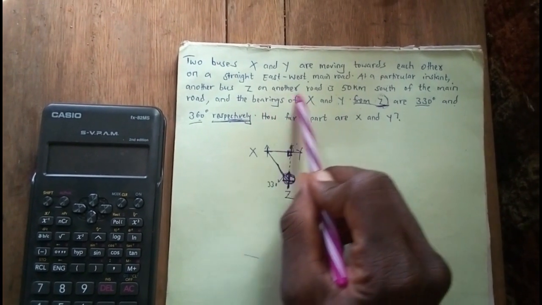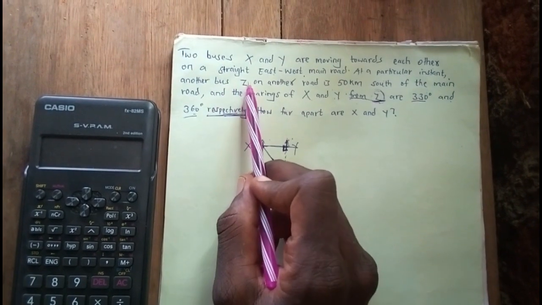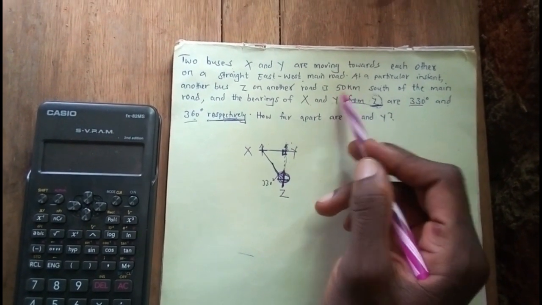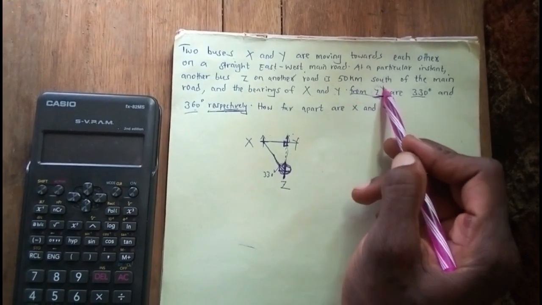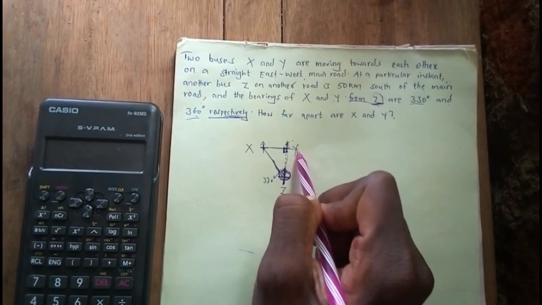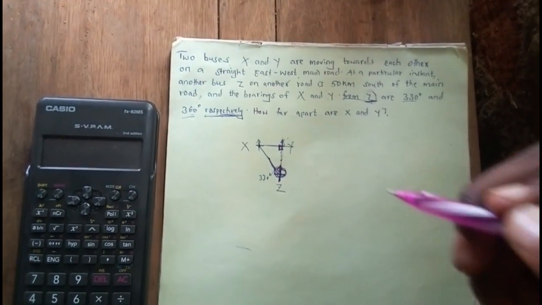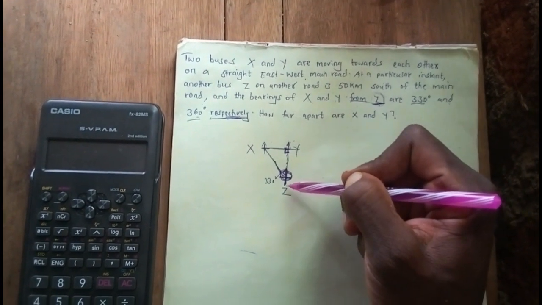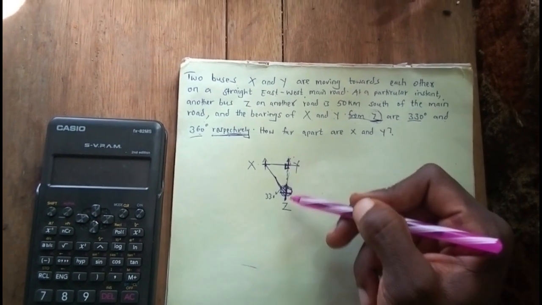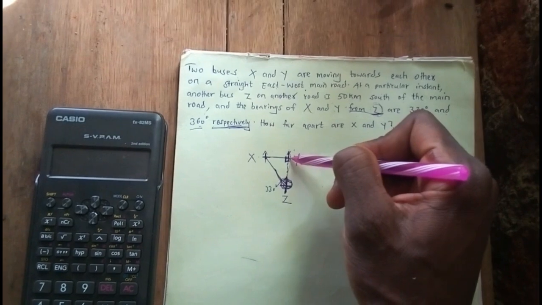Great. So again, there is another point here. At a particular instant, another bus Z on another road, so we have this other road here, is 50 kilometers south of the main road. Remember, XY is the main road. South of the main road means that the line from Z to where it meets XY is 50 kilometers, and it is perpendicular to XY.